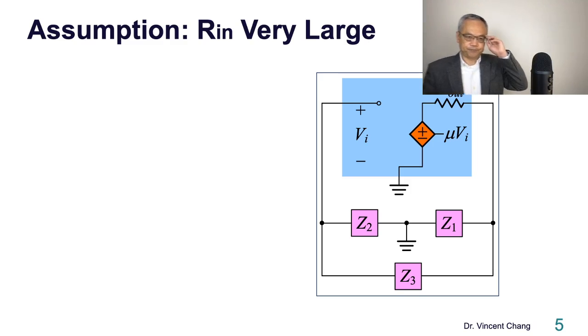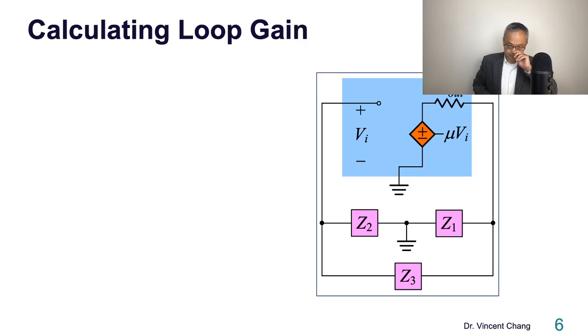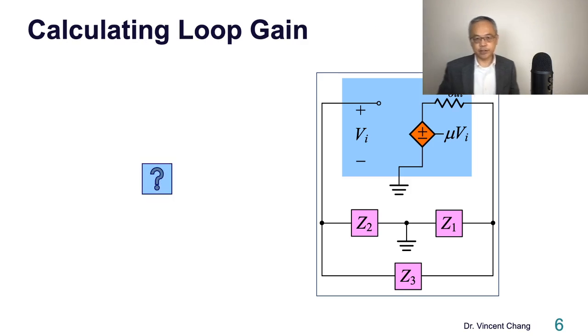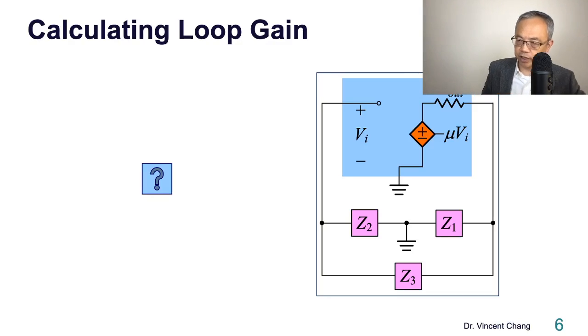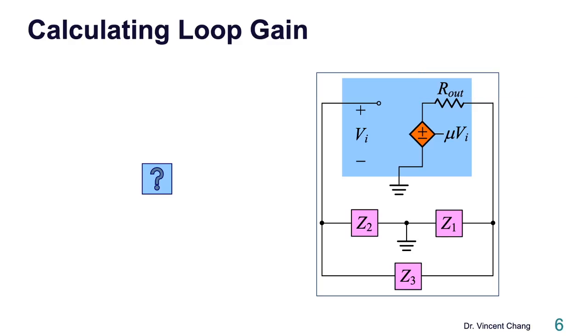So now it's your job. I encourage you to try to solve this by yourself before you continue the lecture. Take a screenshot of the video or quickly draw the circuit diagram. Let me ask you, what is the loop gain?